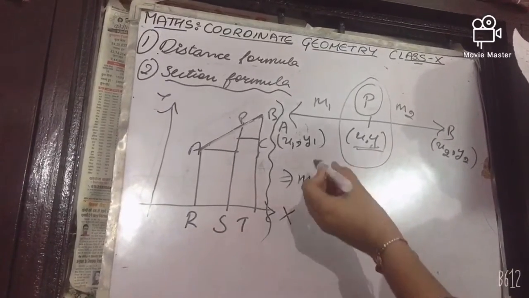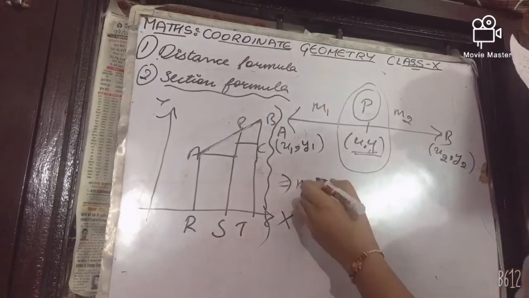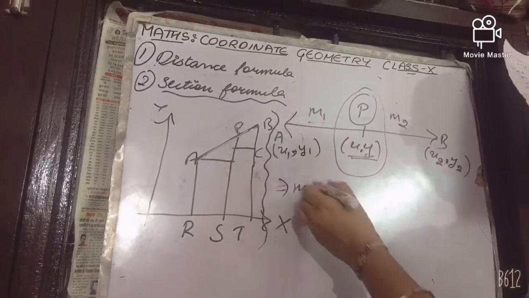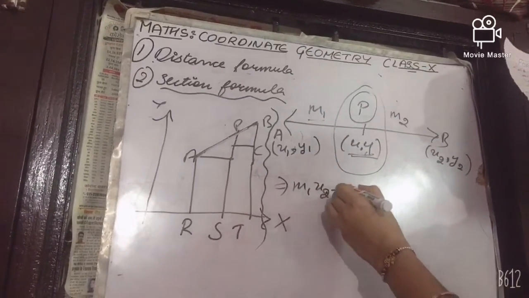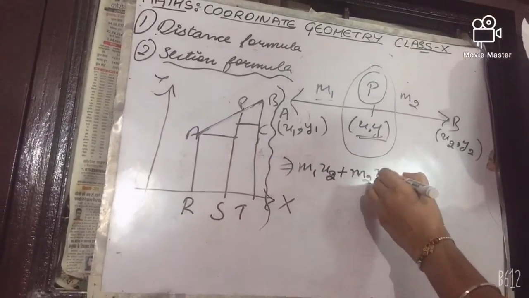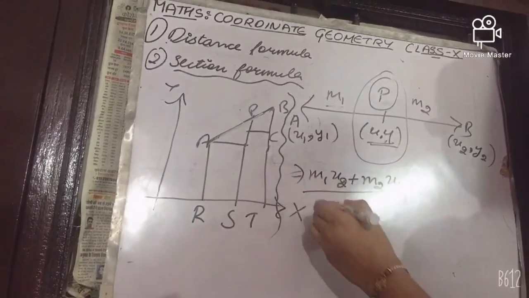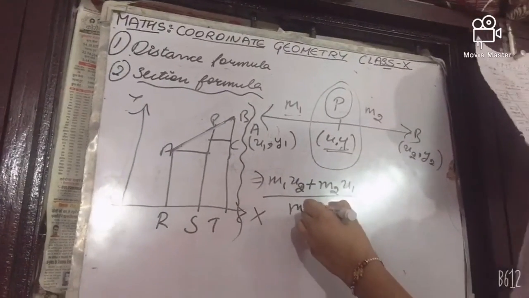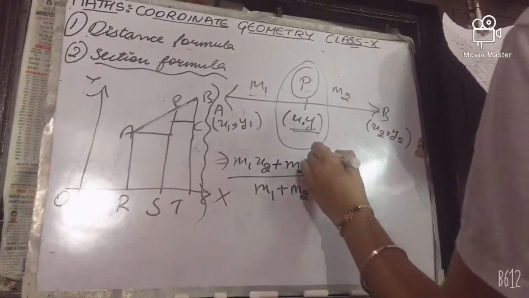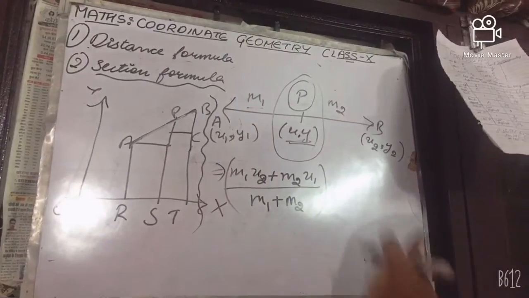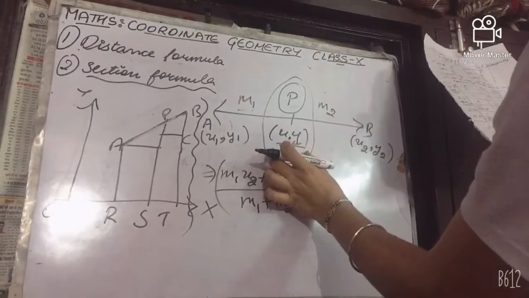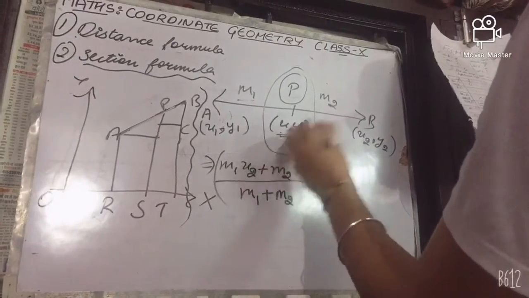In this we have m1 into x2 plus m2 into x1 divided by m1 plus m2. This is for the x coordinate. P's coordinate contains x and y both, the abscissa and the ordinate.